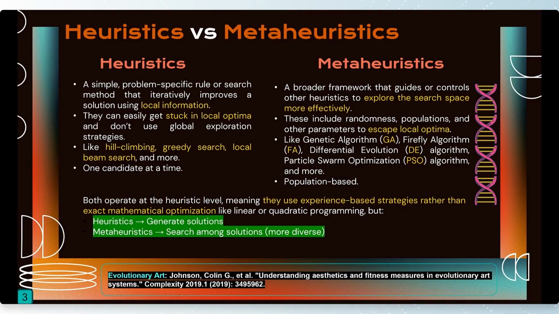So they are population-based, not just one candidate at a time. Both operate at the heuristic level, meaning they use experience-based strategies rather than exact mathematical optimization like linear or quadratic programming. But heuristics generate solutions, meta-heuristics search among solutions. That means more diversity.